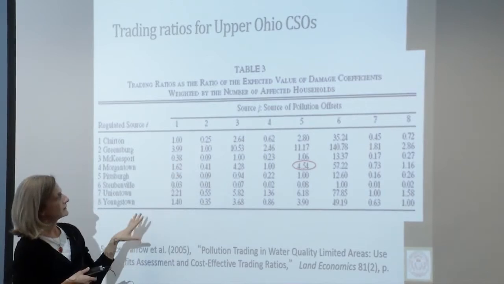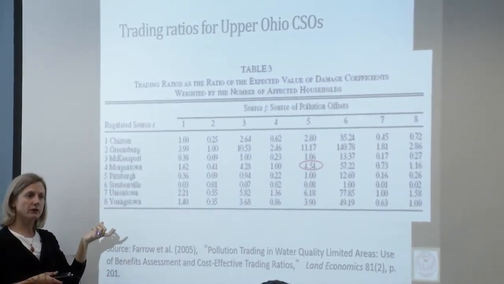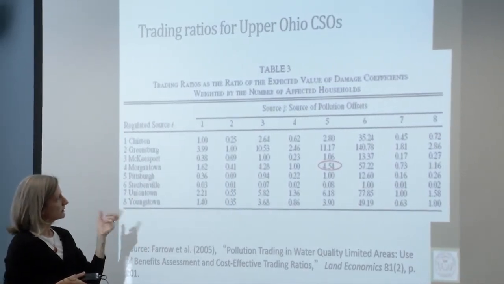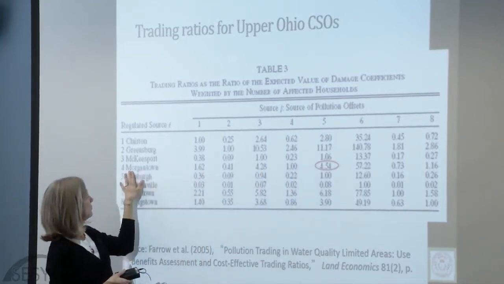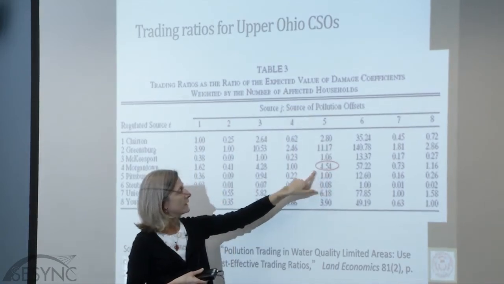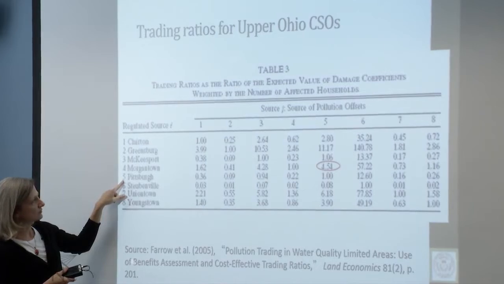But everything else in the matrix is giving you this exchange rate that you would want to use, taking into account the marginal damages at the location of each of these sources. All right, that's the exchange rate you would want to use in a trade. So for example, I circled this, right, Morgantown trading with Pittsburgh, because Pittsburgh is number 5, so that's column 5. And it turns out that the damages of emissions in Morgantown are higher than the damages from emissions in Pittsburgh.